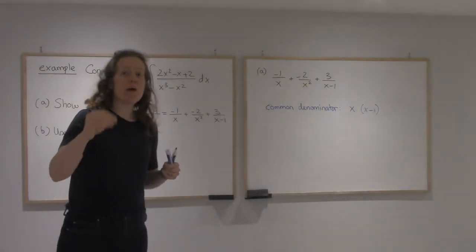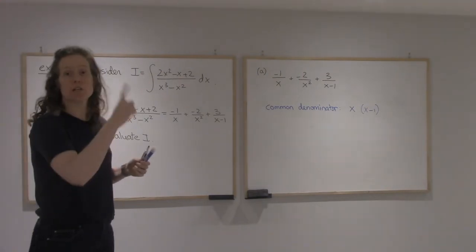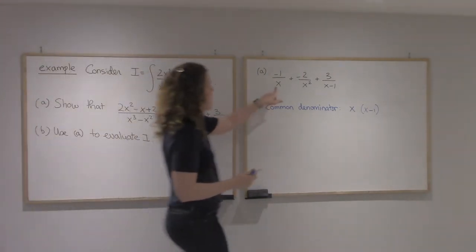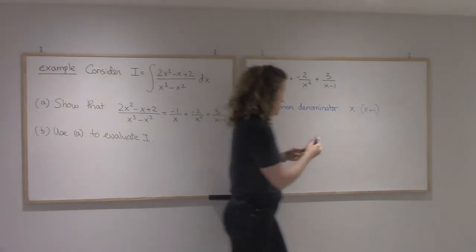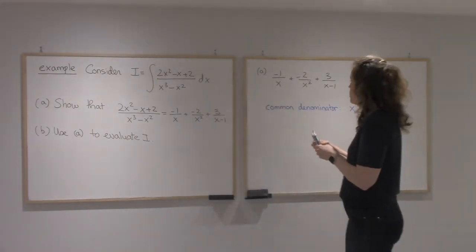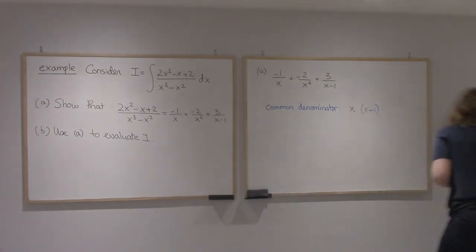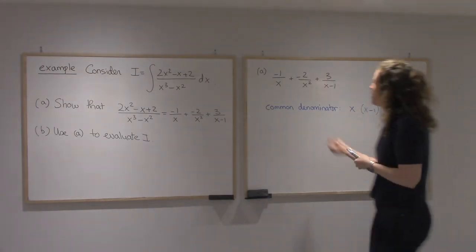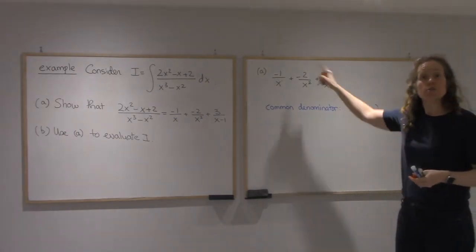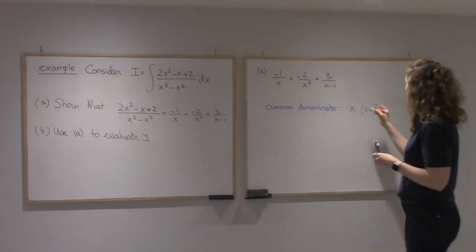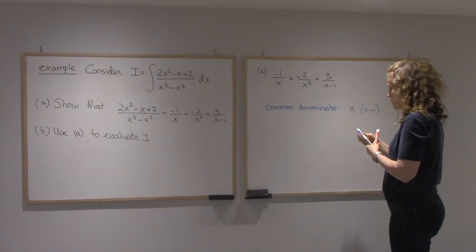To figure out how many x's I need, I look at all the powers of x in all the denominators, and I take the biggest one. So in this case, I have x to the 1, and I have x squared. The 2 is the biggest, so I'm going to take x squared here.